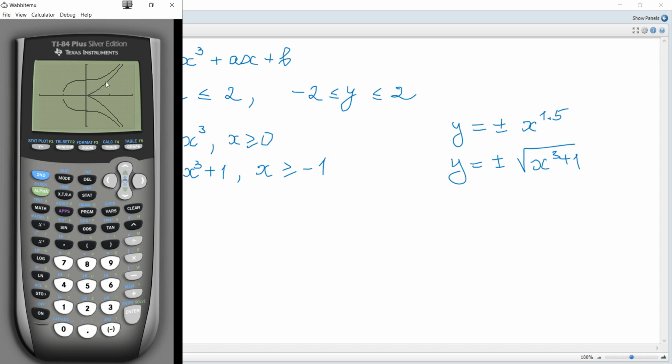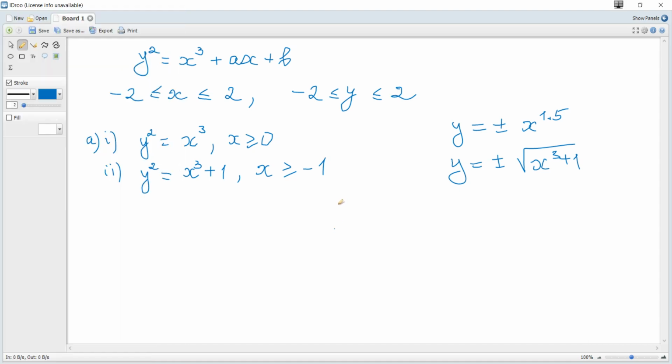So this curve is y squared is x cubed, and this curve is y squared is x cubed plus 1, and we can see that when x is -1, y is 0, it's an x-intercept, and when x is 0, y is 1, so 0, 1 is a y-intercept, and also 0, -1 is also a y-intercept.